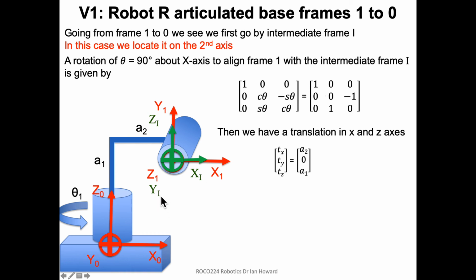Y intermediate equals negative z1, right, so the y value that we're going to get is going to be picked up by multiplying by minus z. That's where the minus 1 comes from. And then the other ones just switch things over. So z becomes equal to what y was. So there's a 1 here.